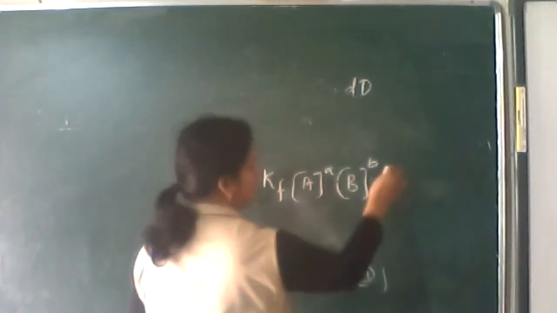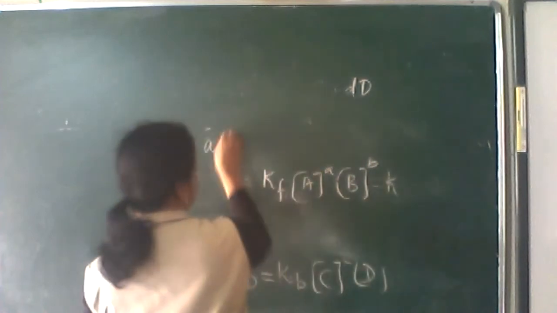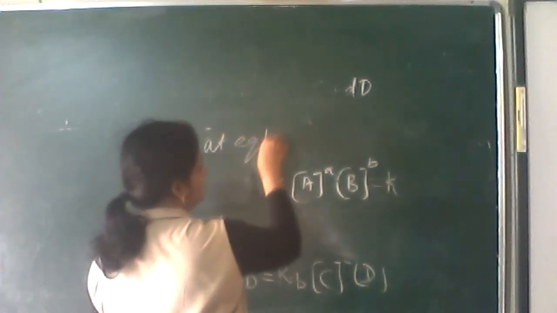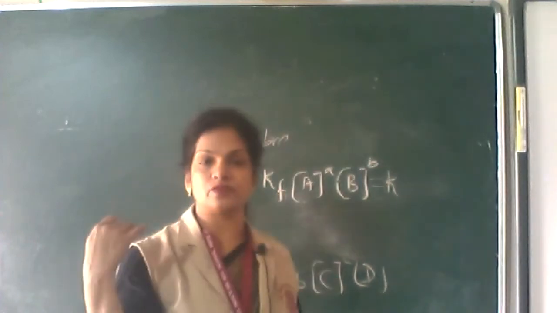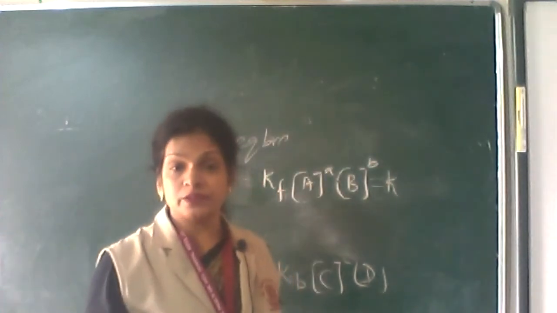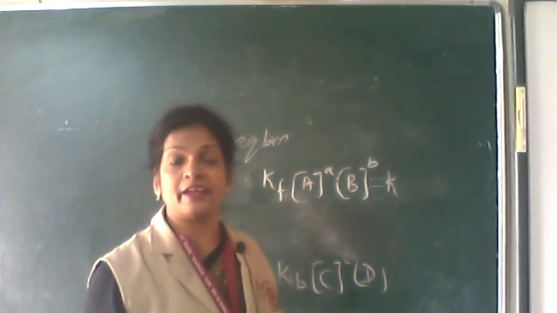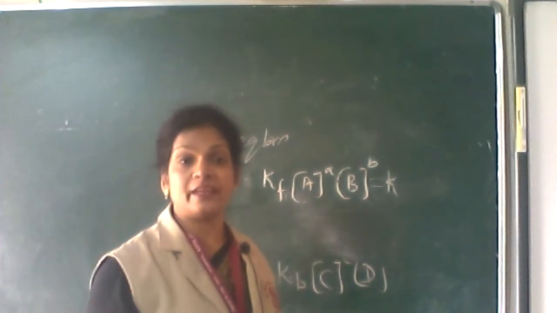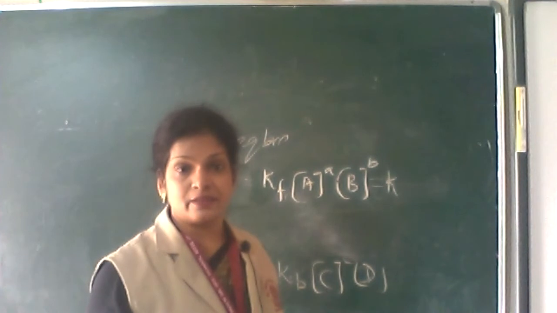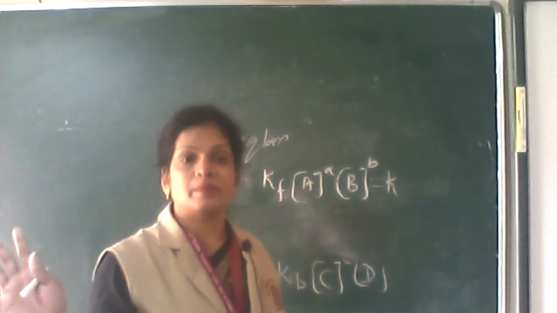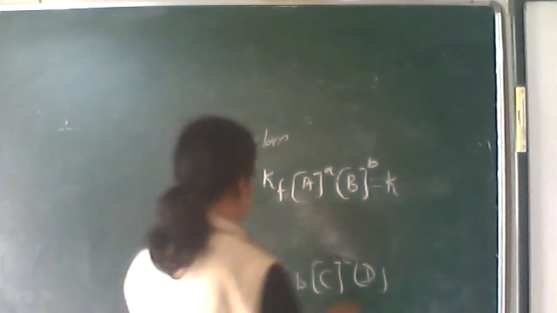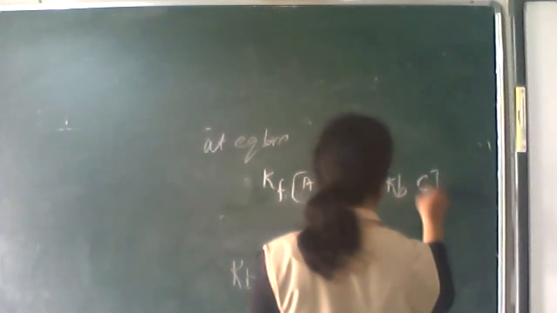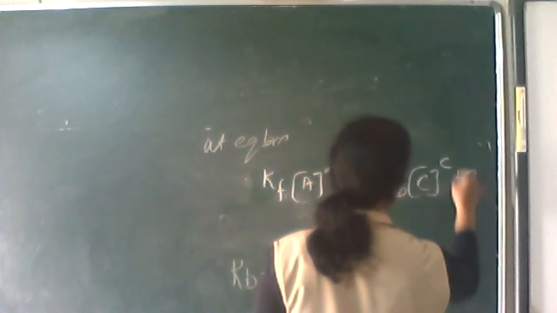Equilibrium means when the rate of forward reaction becomes equal to the rate of backward reaction, we don't observe any change in concentration, as if it is still, but it is dynamic. It is moving that side, it is moving this side.